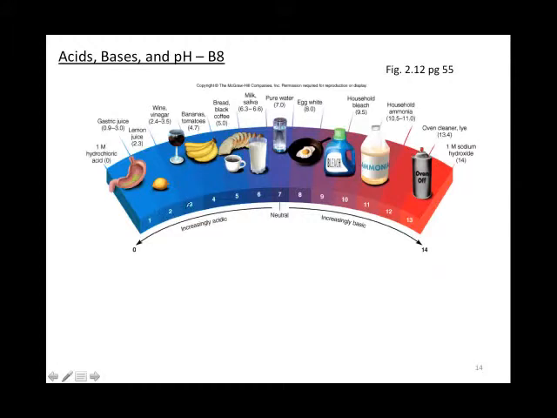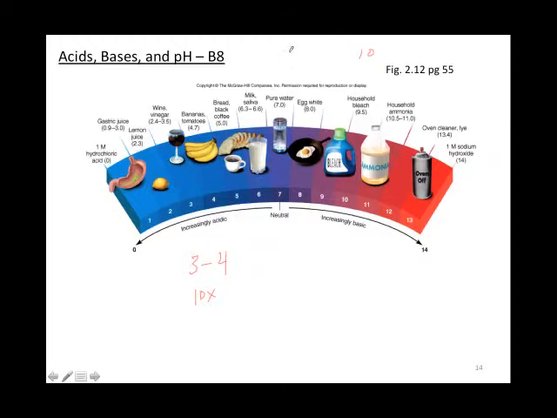Now, let's compare numbers. If we were to compare something of a pH of 3 to a pH of 4, how many times stronger is something with a pH of 3 than pH of 4? Now, it's not one time, it's actually 10 times. The pH scale works much like the Richter scale that measures earthquakes. You know, a 10 on the Richter scale is a supermassive earthquake.